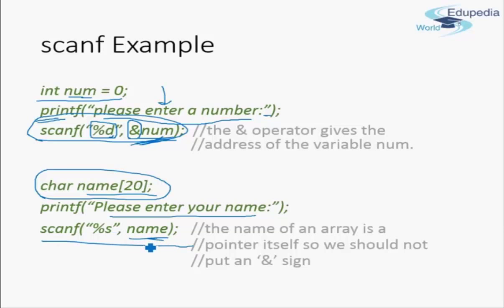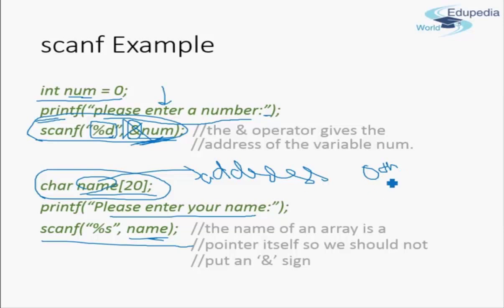When we are putting the name of an array variable, we don't need to add an ampersand before it for inputting an array, because the name of the array contains the address of the 0th index of the array.